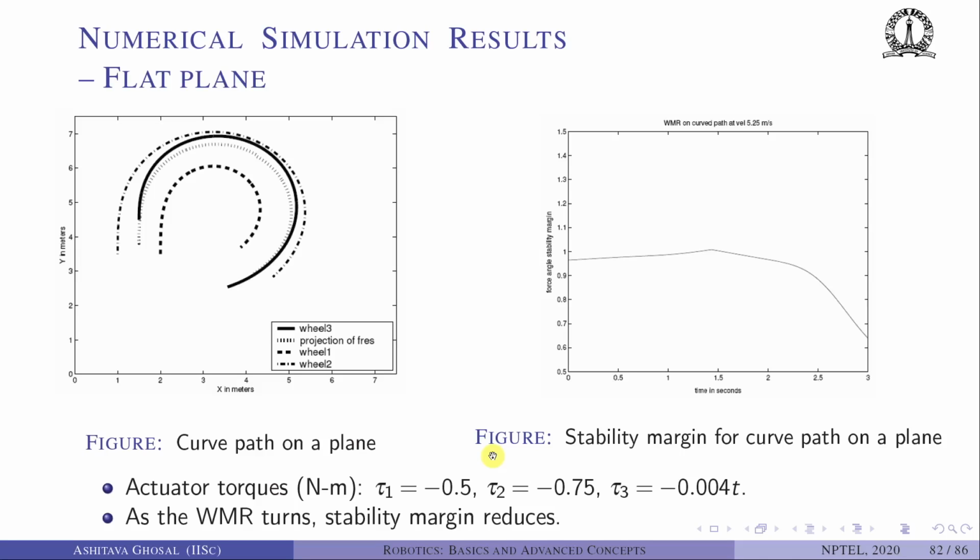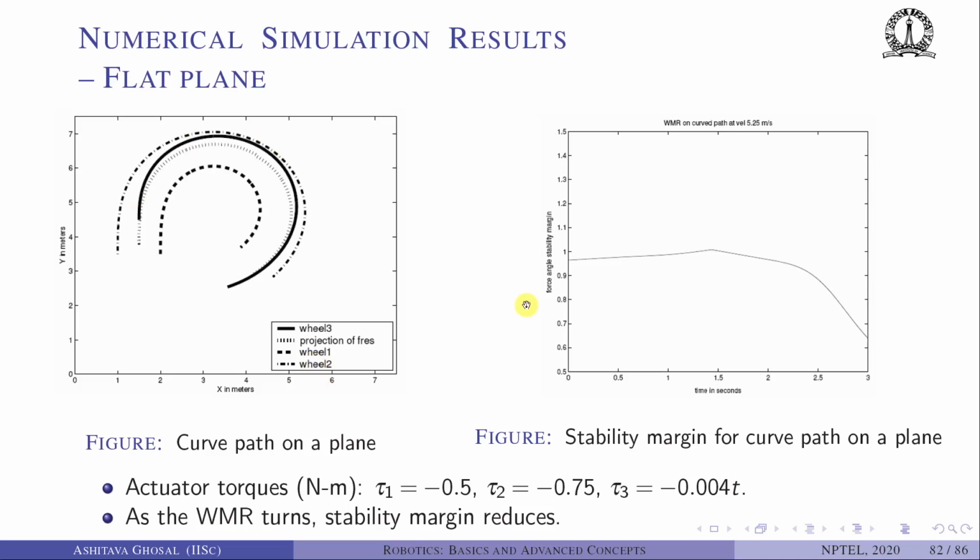So here is a simulation of a wheeled mobile robot which is traveling on a trajectory on a flat surface. The wheel 3 is this dark line. The projection of this resultant force F star is this dashed line. Wheel 1 is this dot dash line, and the wheel 2 is this one.